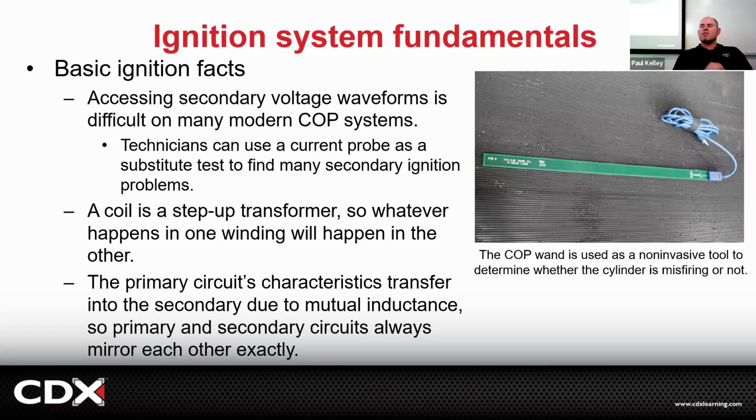What if I was only getting 9 volts to the coil? What's that going to mean the secondary voltage is going to be? It was 12 volts to 12,000. If it's only getting 9 volts on the primary, it's going to be 9,000. If we needed 12,000 to jump the spark plug gap and you only got 9,000, it's not going to jump the spark plug gap. What do you got?